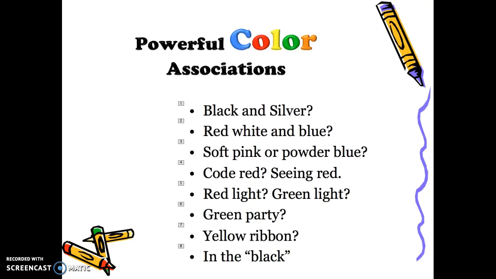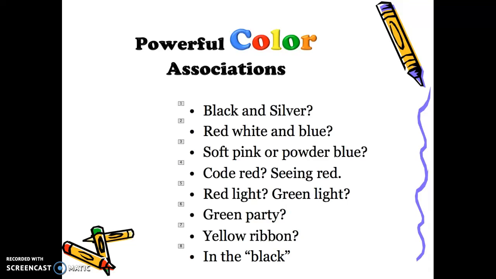So we all have powerful color associations. When you think of black and silver, what do you think of? Any sports teams come to mind? Red, white, and blue. Soft pink or powder blue. Code red or seeing red. Danger, for example. Or maybe it reminds you that you're hungry.